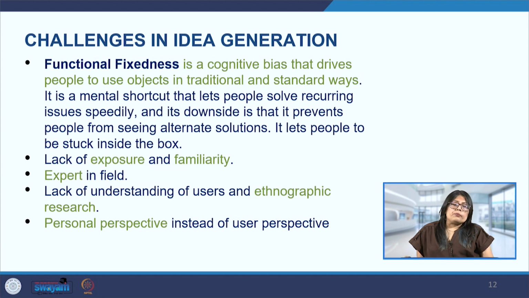Just for an example, if we are aware that one can take out water from a well by putting in a bucket, and that is the only way of our awareness, then we will not be able to come up with a solution where we turn on the tap and the water comes out of it. If that mental bias is there, then we will just keep on going back to the same solution of digging wells and taking out water, and we will not think of having water pipelines and then turning on the tap to get water. We will not reach that solution.